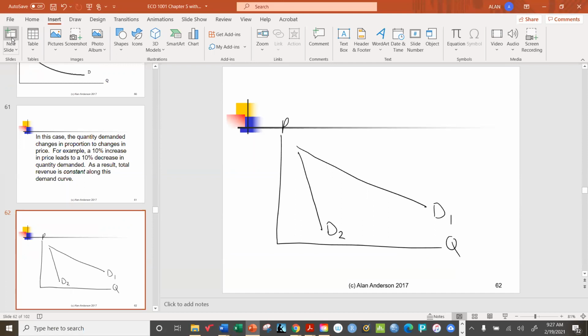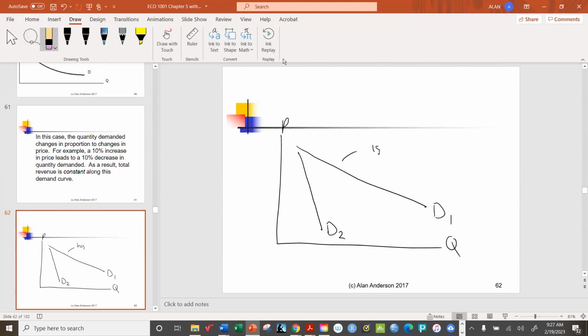They're both downward sloping, but here let's say that this is a highly elastic demand curve, and this one is highly inelastic.